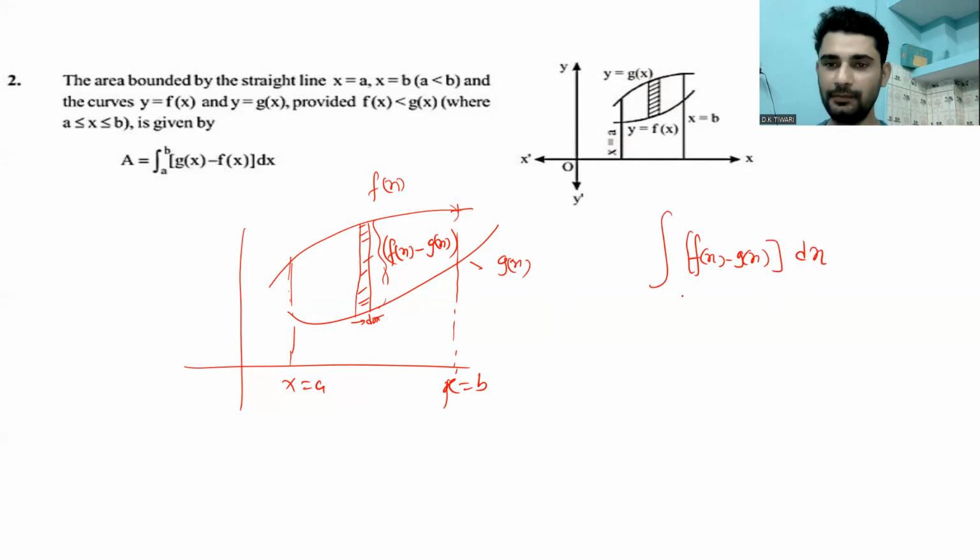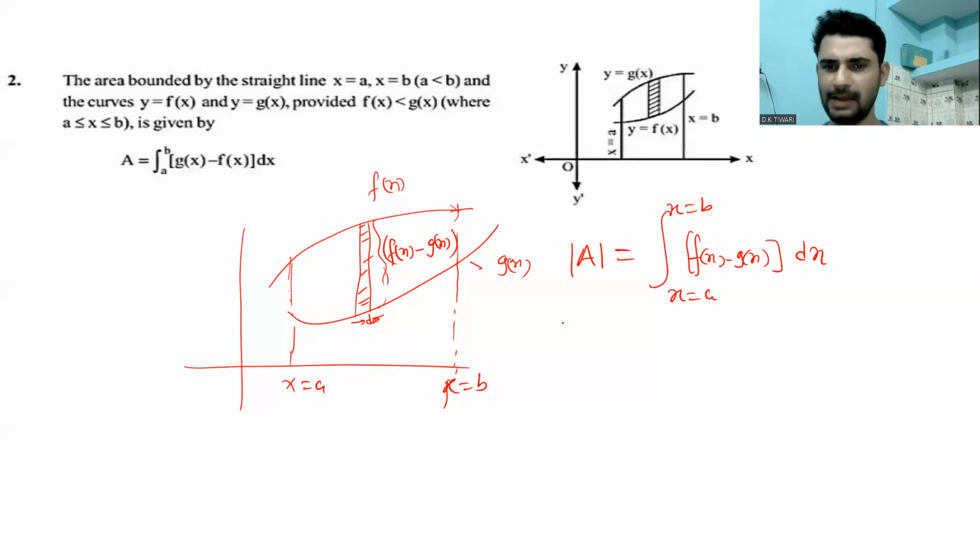Now integrate from x equal to a to x equal to b in order to find the complete area. Again, if this area comes out to be negative, take the mod value, because area cannot be negative. So this is the approach when two functions are involved.